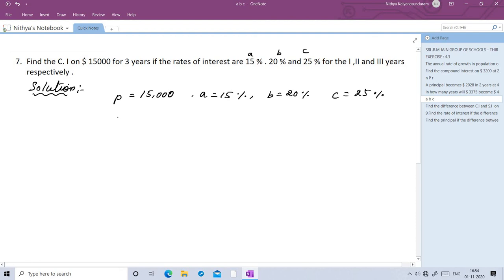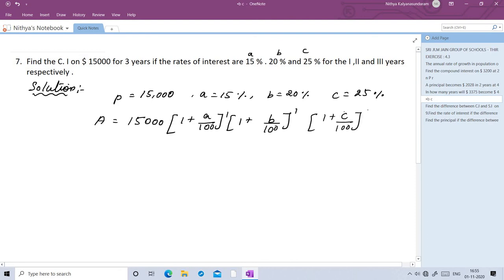If the rate of interest is different for different years, that means for 3 years, our amount formula is: amount is equal to principal into (1 plus A by 100) whole power 1, (1 plus B by 100) whole power 1, (1 plus C by 100) whole power 1.